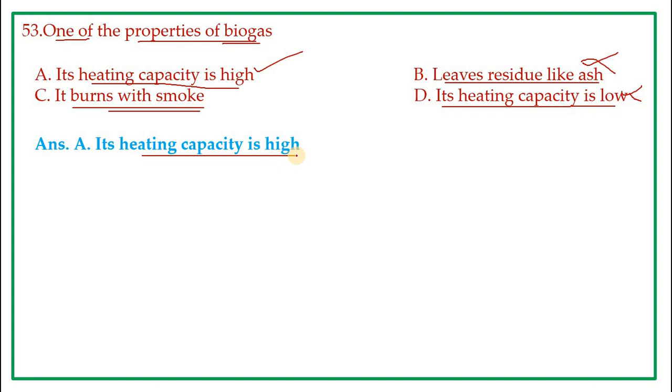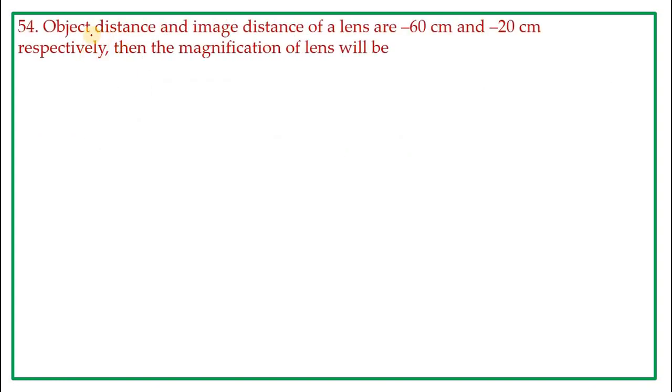Move on to the next one, children. Object distance and image distance of a lens are minus 60 centimeter and minus 20 centimeter respectively. Then the magnification of the lens will be? See, object distance is minus 60 and image distance is minus 20.